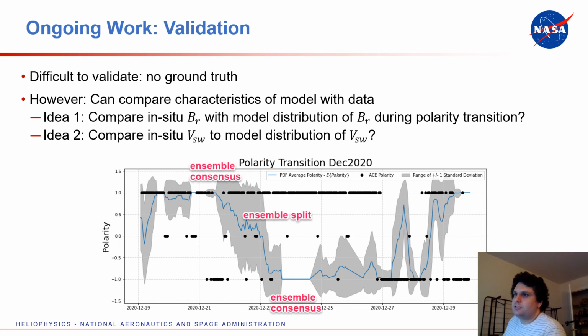And similarly, how does the distribution of solar wind velocities compare to what's observed at ACE? Are we at most points, at most times, near the expected value? How often are we not? There are probabilistic validation methods that go back for decades within meteorology for considering these kinds of topics.